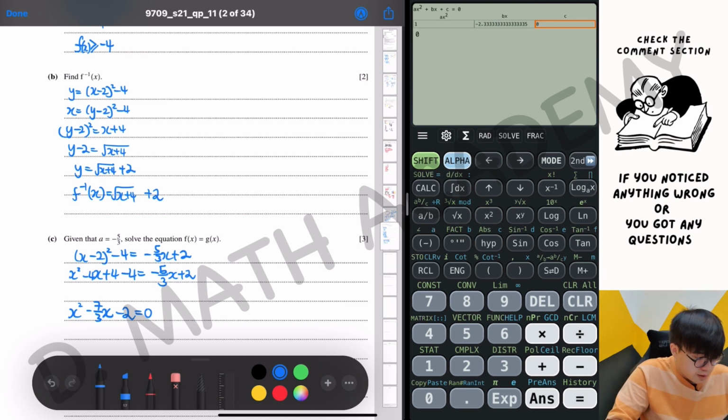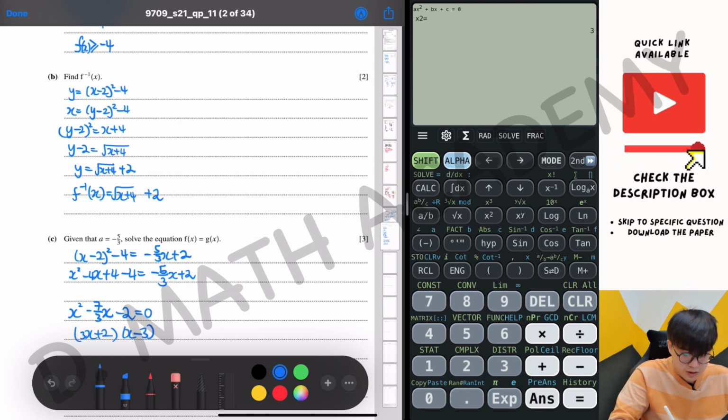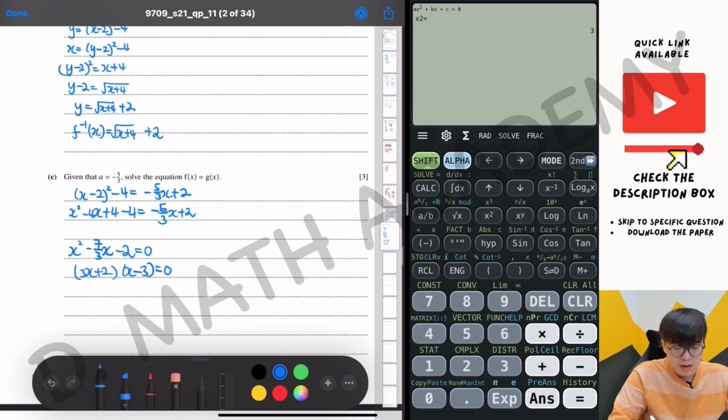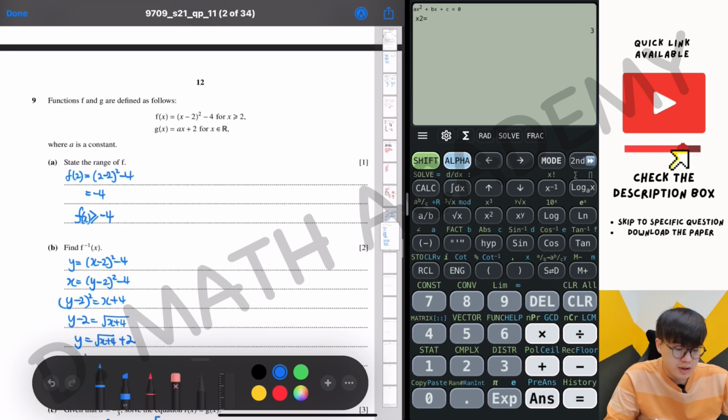Oops, forgot to put in the figures. So your equation factorises as 3x plus 2 followed by x minus 3. So your x could be -2/3 and x equals 3. So you have to check from the range that they gave us early on.